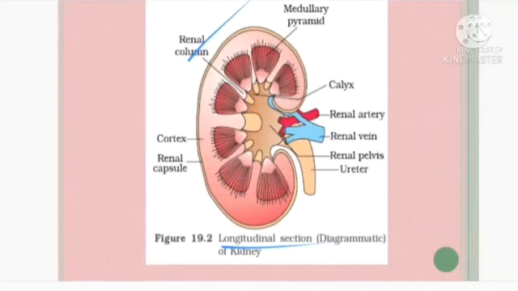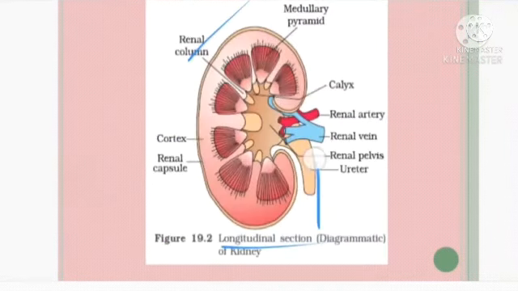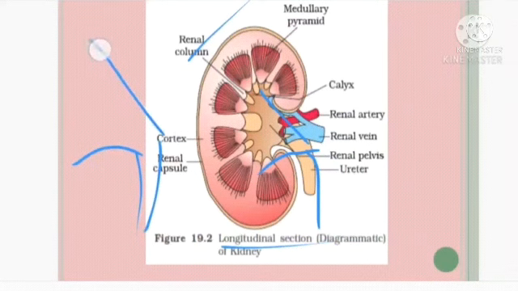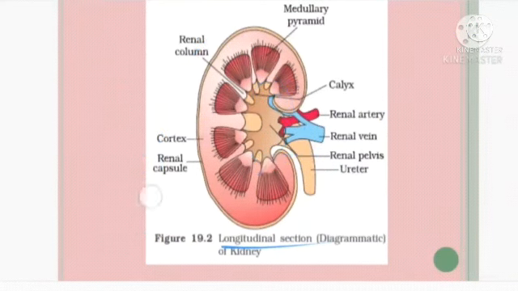When the ureter enters the kidney, it opens into a funnel-like structure. This funnel-like structure we call the renal pelvis.